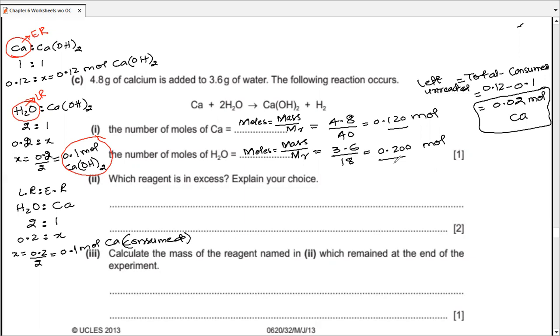Because this LR ratio ER, or limiting reactant ratio excess reactant, tells us if we completely use all of our limiting reactant, and the maximum amount of water in the question is 0.2 moles, if we completely use all of that, how much of the calcium or excess reactant would be used? And this tells us out of 0.12 moles, we're only going to use 0.1 moles. So we subtracted 0.1 from 0.12 in order to get the amount left unreacted for the excess reactant, that is calcium.